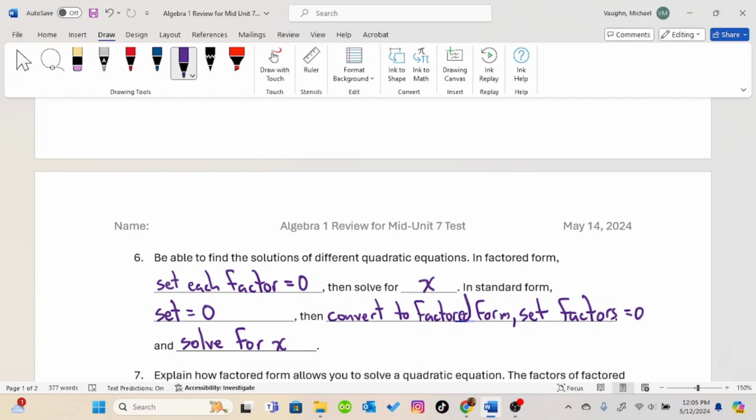If you have any questions about this concept, please use class time to ask for clarification before the test on Thursday.